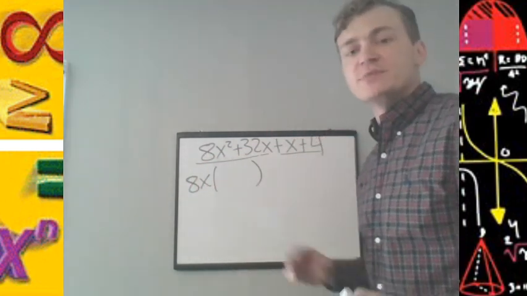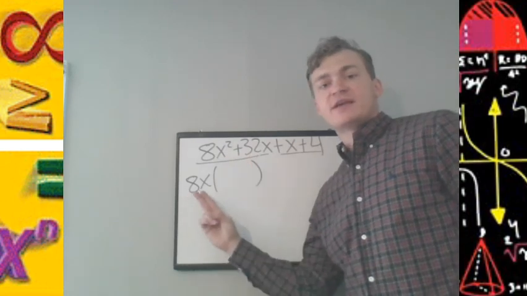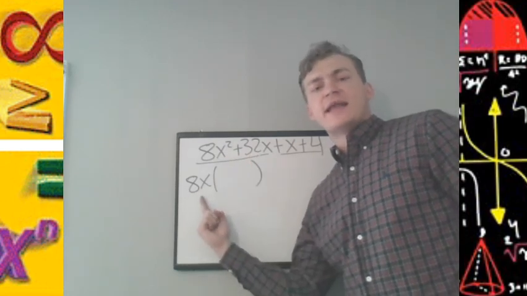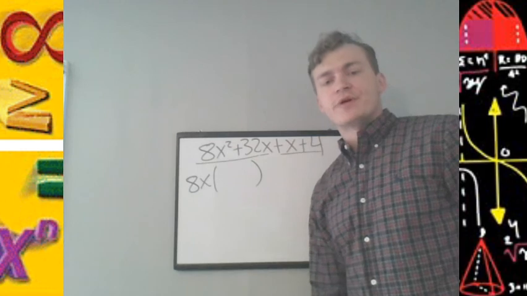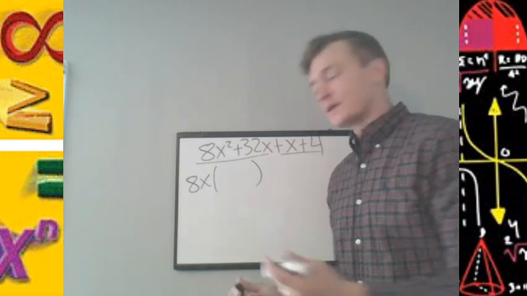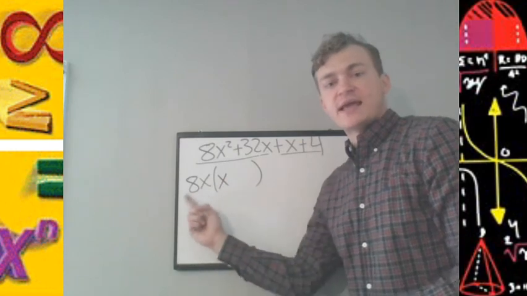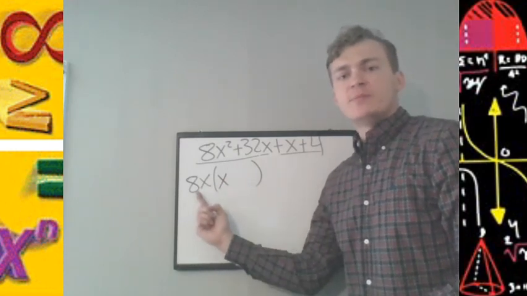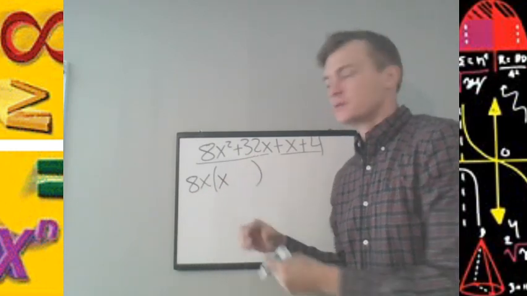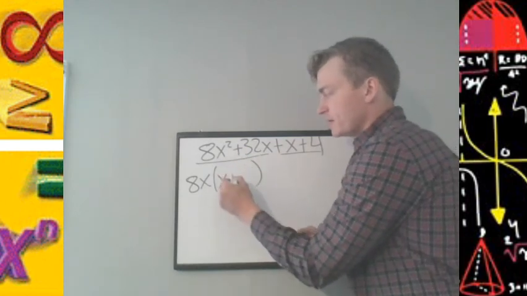So those first 2 terms, I have a GCF of 8x, but what do I leave behind? 8x multiply what gives me 8x squared? Just an x. 8x times x is 8x squared. What do I need to multiply to 8x to get 32x? I'll write my plus sign here.